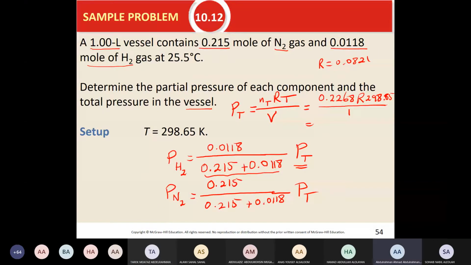Go ahead. Give me the P total. 5.56 atmosphere. Who got the same answer? I got it. Yes. Right. Then the pressure of hydrogen.